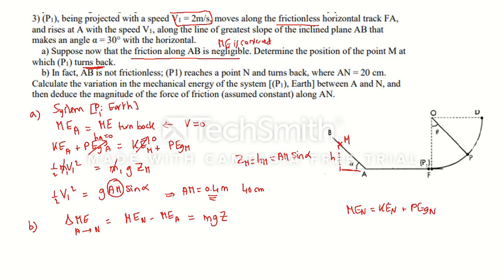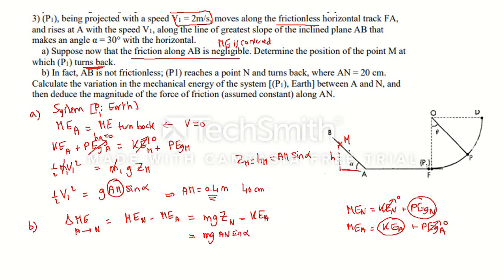But since it's the maximum point where it turns back, KE is 0, so we still have PEG. And ME at the point A is also KE_A plus PEG_A, but there's no height here, so PEG_A is equal to 0. We still have this one, so it will be m g z at the point N minus KE at the point A.